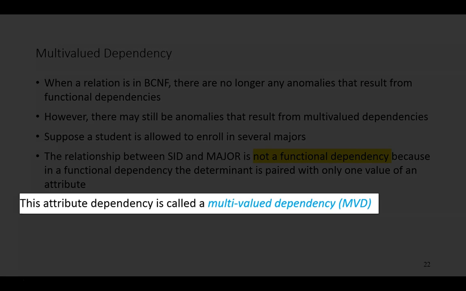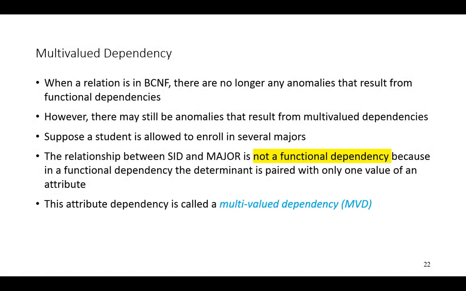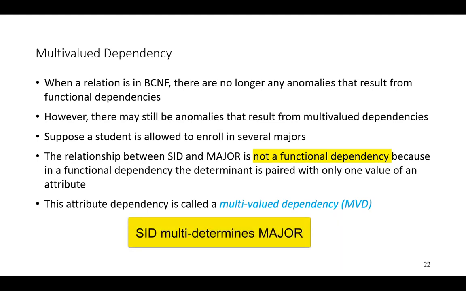This attribute dependency is referred to as a multivalued dependency, or MVD. The point here is that SID does not determine a single value, but rather it determines multiple values, or is said to multi-determine major.